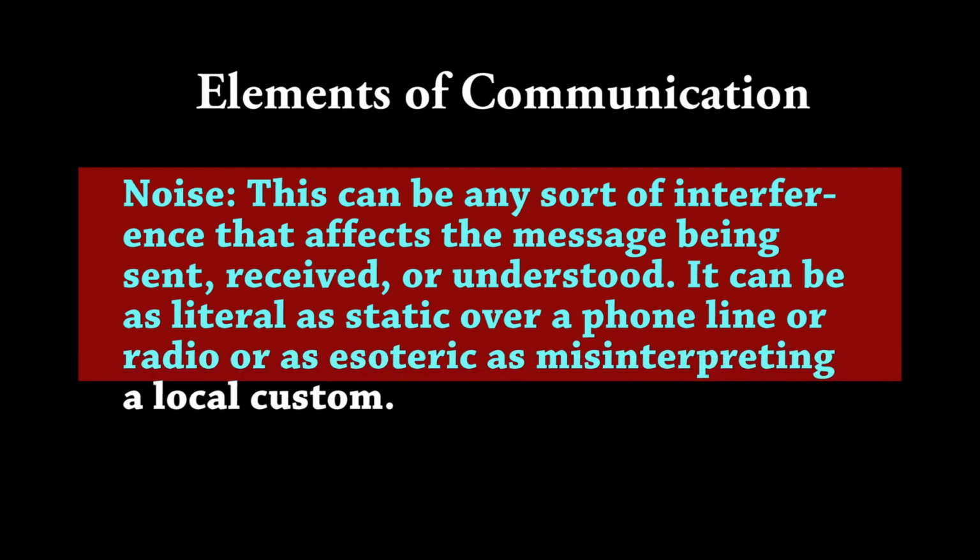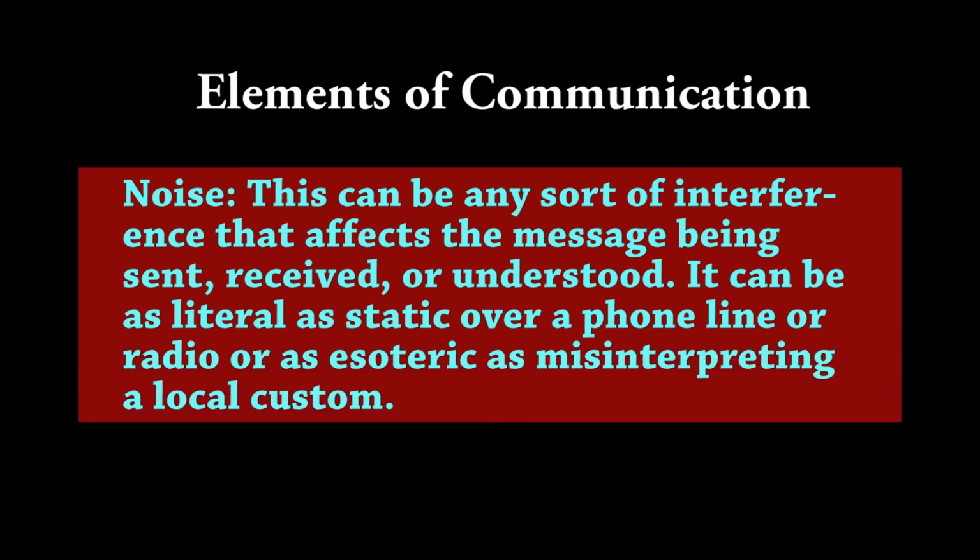It can be literal, like static over a phone line or over a radio, or esoteric, or misinterpreting a local custom. It can be anything. In further chapters we will discuss the various noise and barriers of communication. So this is the whole process of communication and the elements we need.